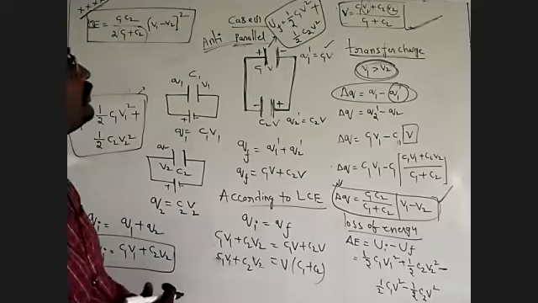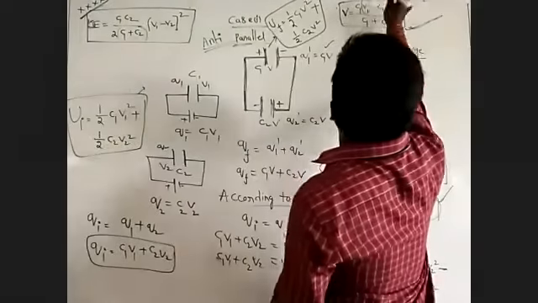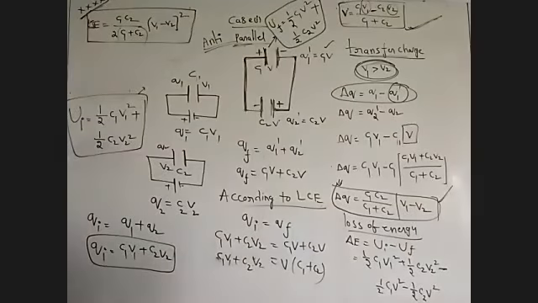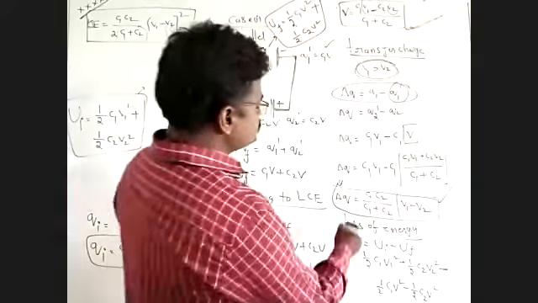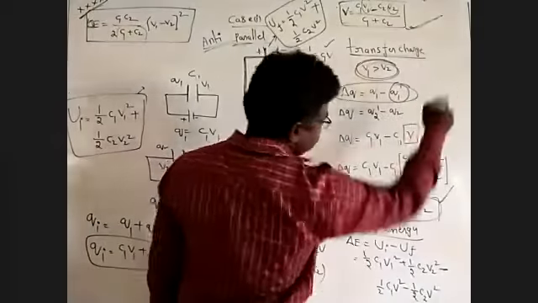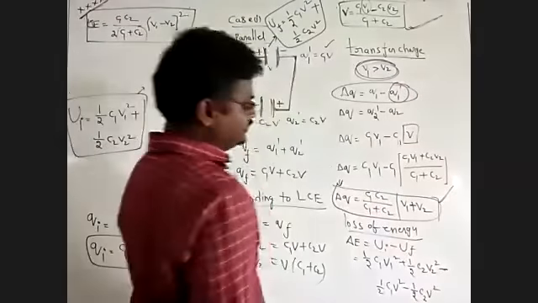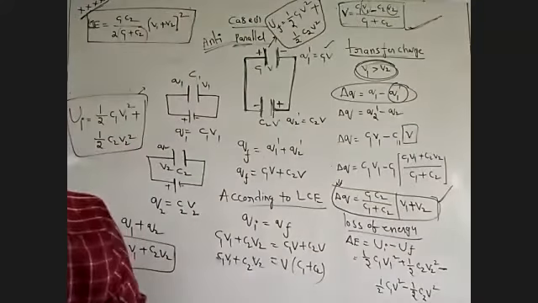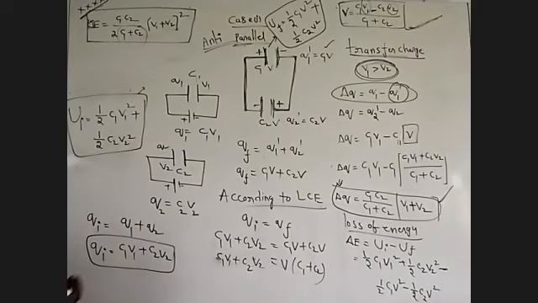In this case, what happens? In the common potential we get minus, while in the transfer of charge and the loss of energy we get plus.